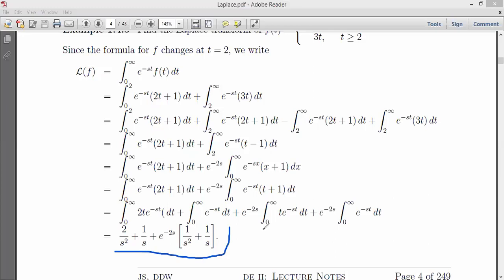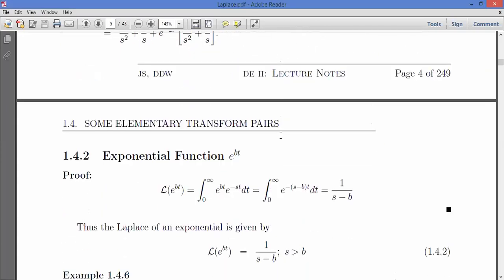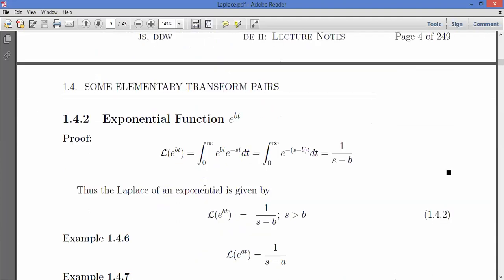From that, we went further and said that for other functions, it's the same story. This work I left you to do, there is nothing big here.